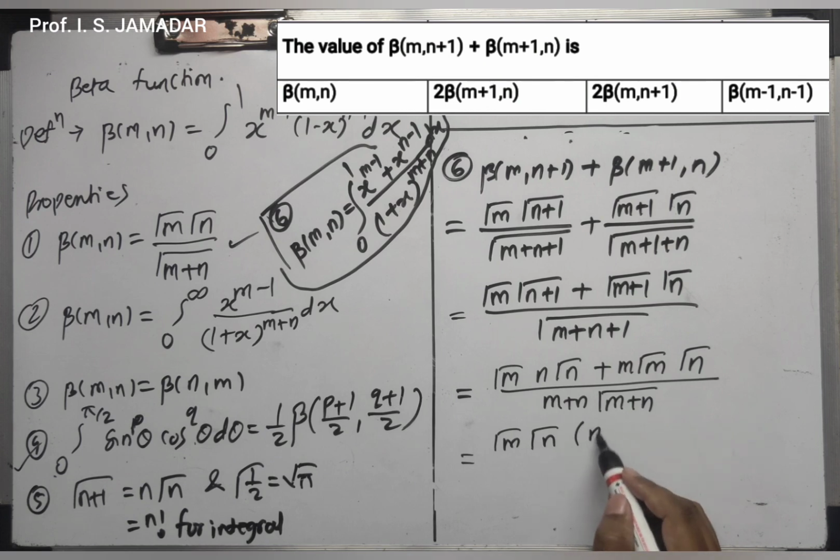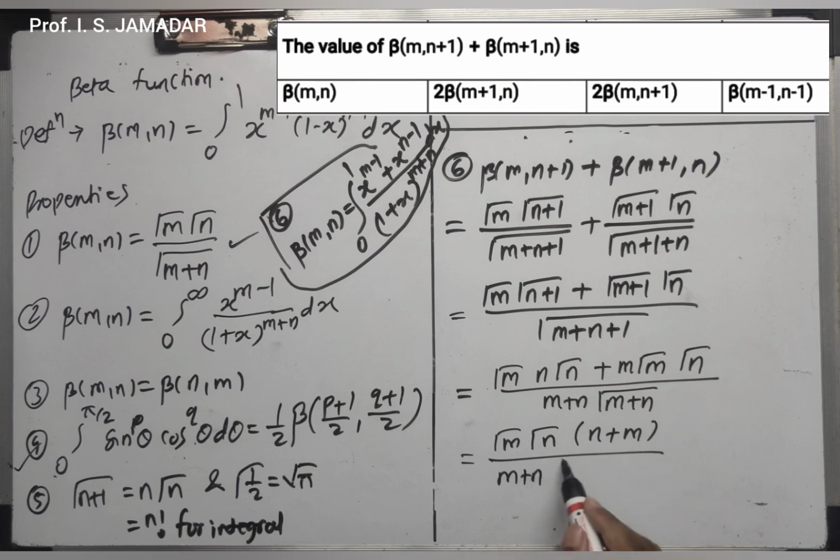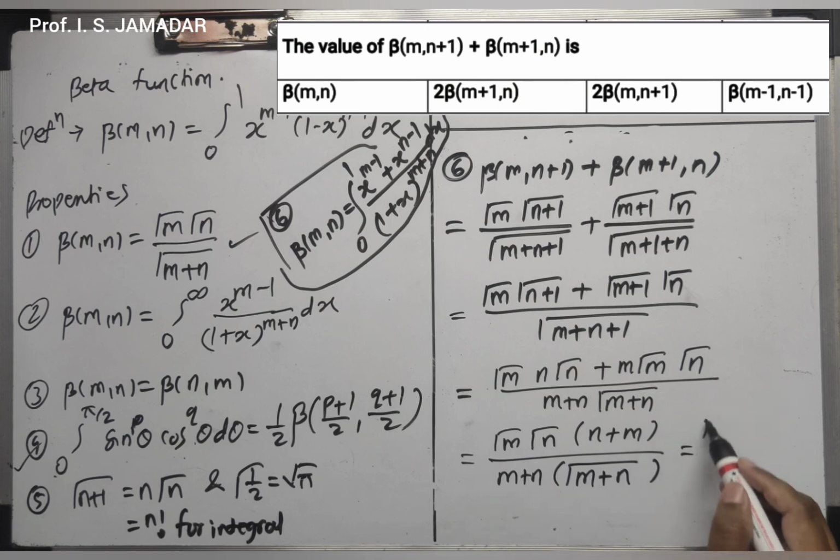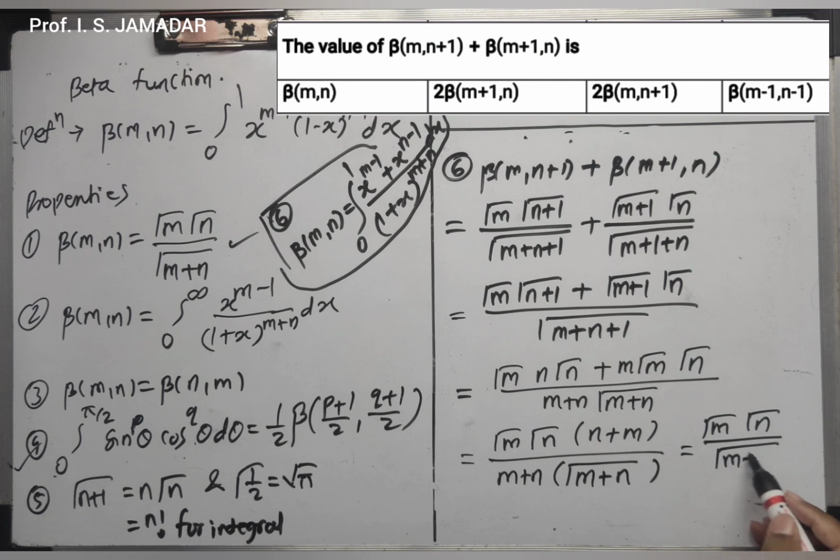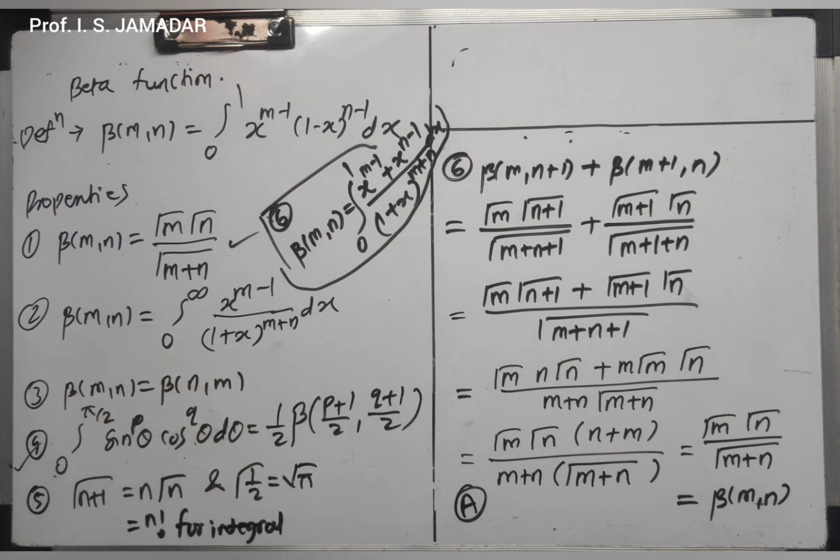What remains inside? n plus m divided by m plus n gamma of m plus n. So this m plus n and this m plus n will cancel. What remains? Gamma m into gamma n divided by gamma of m plus n, which is the same as beta of m, n. The answer is option A, just by using the relation between beta and gamma.